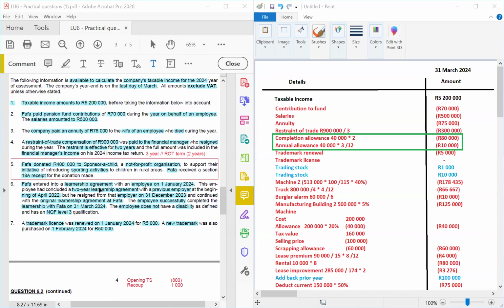No, we can't do that, because this learnership agreement started with the previous employer. We can't do an annual allowance on that. We are dealing with the current year, we're not taking the previous ones. So we are only entitled to the deduction of the completion and not the annual allowance for this 2-year learnership agreement, because it was not started with us.